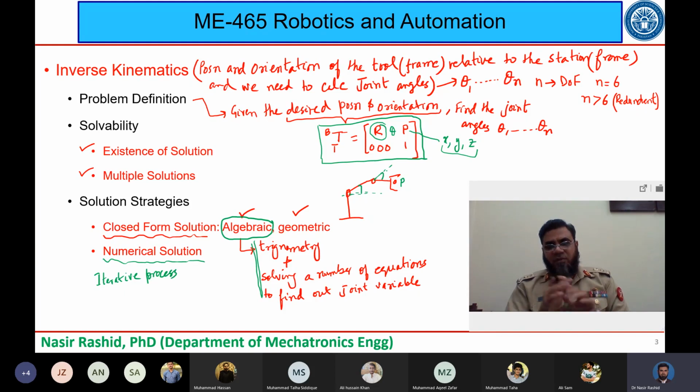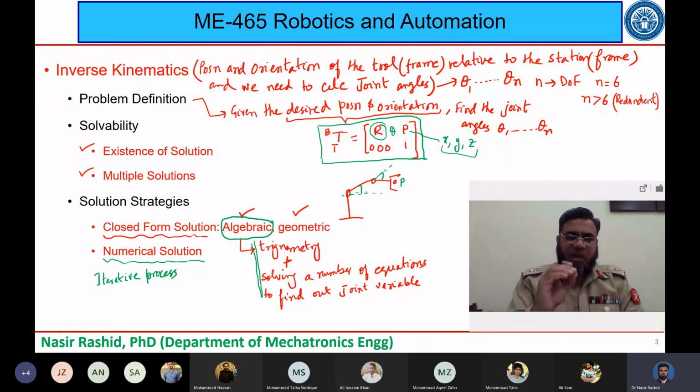So we will not go into much detail of this, but I am going to expose you to these algebraic solutions, and we will in fact solve some problems also which will help you understand this inverse kinematics. Okay, so this was the overview of the lecture of today, which I wanted to discuss with you. So now we will go step by step, and we will talk in more detail about all this.